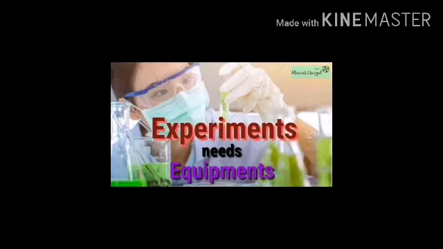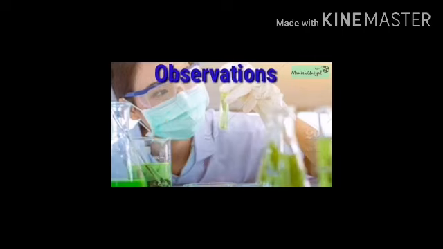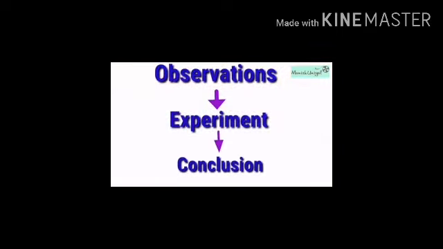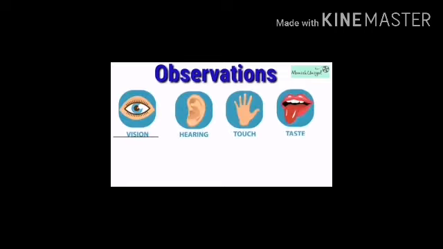First, we need to observe nature and put it into an experiment, and finally draw our own conclusion to verify the fact. Observation, experiment, and conclusion. What is an observation? Every experiment arises from what we see, hear, touch, taste, and smell.